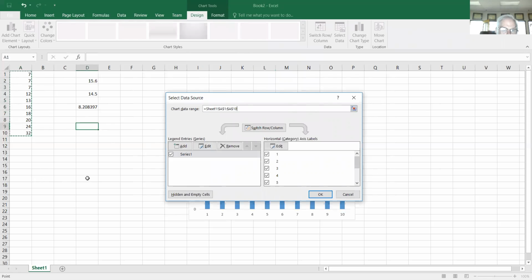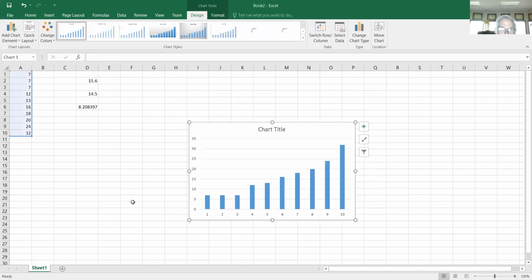So we select the data by highlighting, and choosing the data column, right? So we want the data. So now we have a chart. We can put a title on it. So this shows the values of the data for each of the data points, right? Make sense?